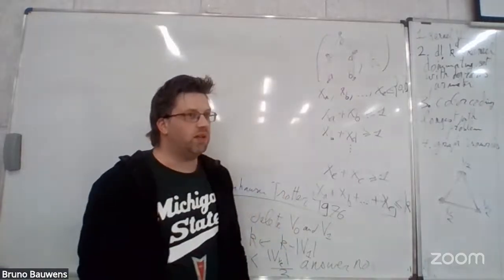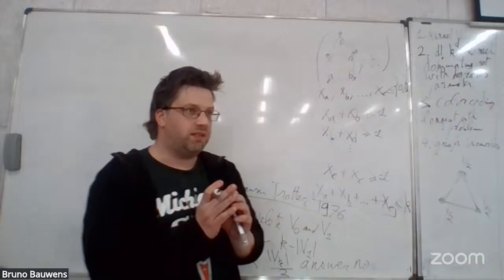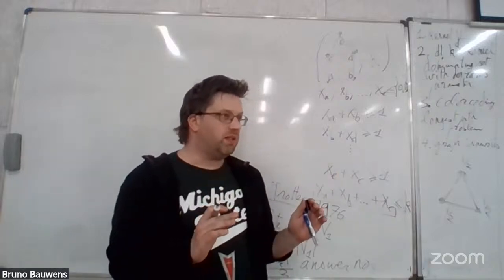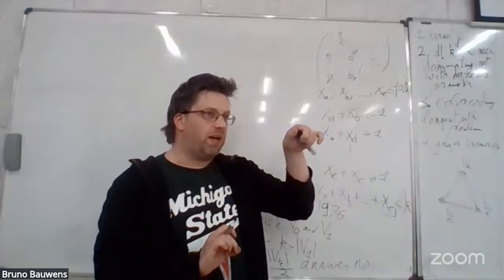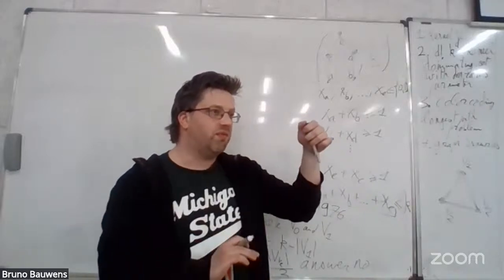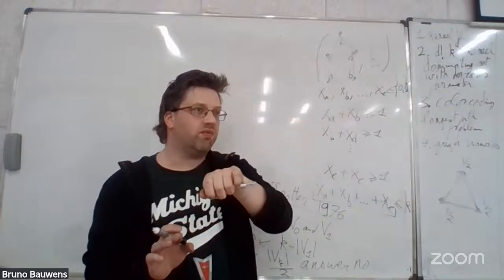So what you do is, there is a theorem that says, matching, you remember what matching is, it's a set of edges that's pairwise disjoint. In a bipartite graph, the maximal size of a matching is equal to the minimum size of a vertex cover.